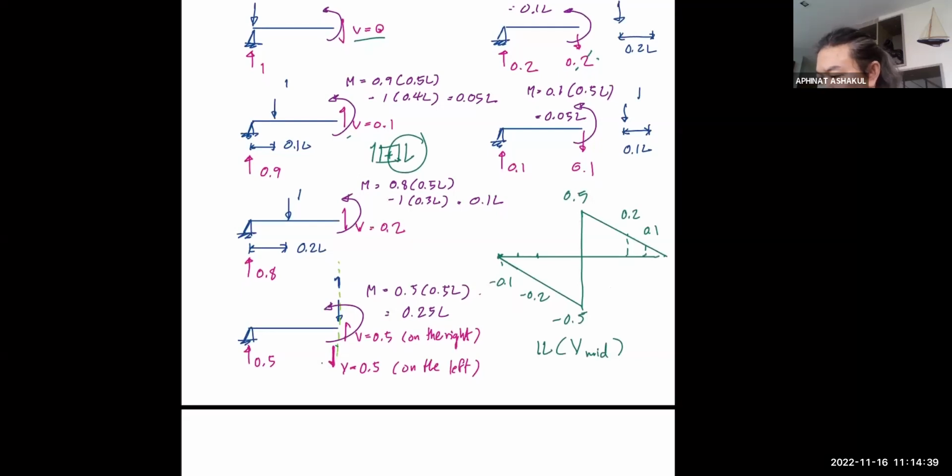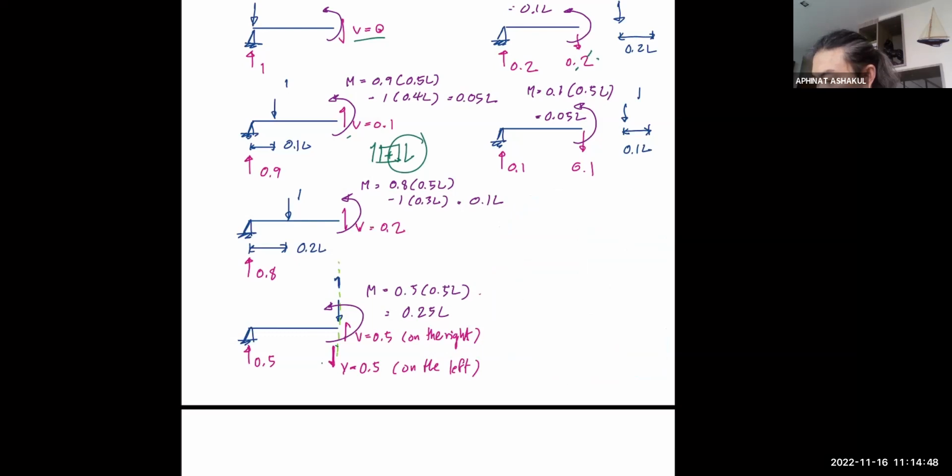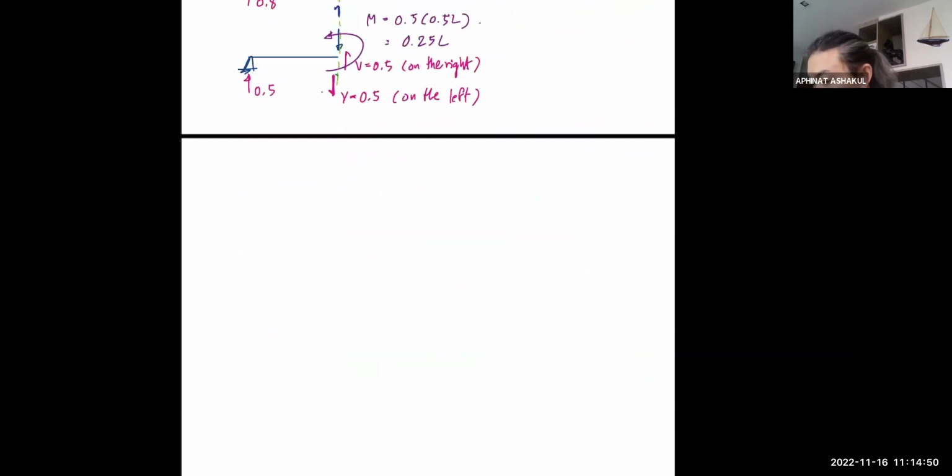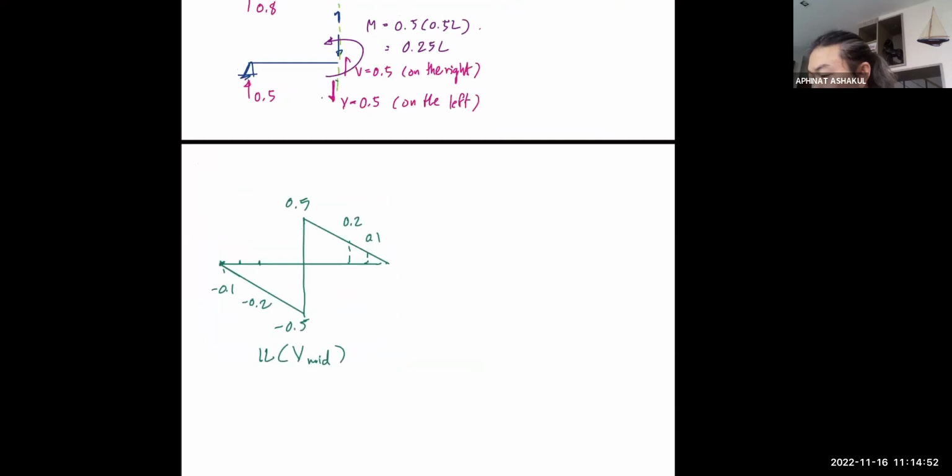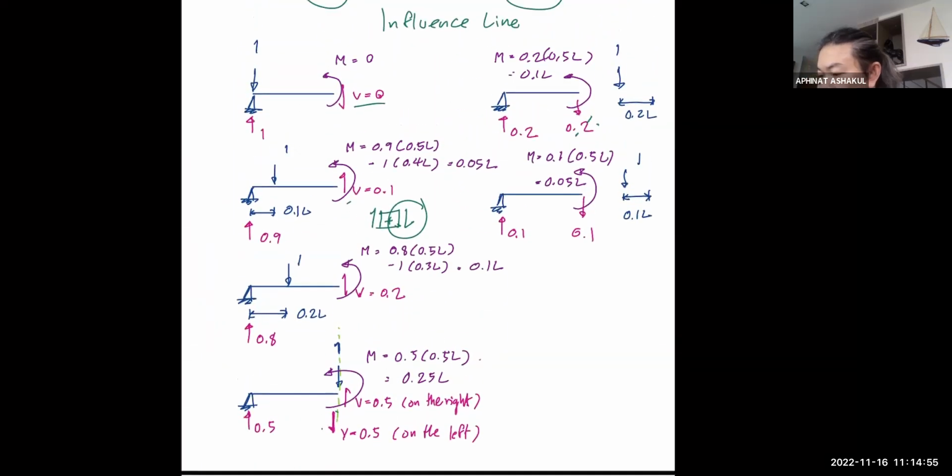Okay, so let me just try to move this. Again, paste it here. Now, I am going to take care of the last one, which is the moment. Okay, now, at location x equal to 0, where the load is here, your moment is 0.